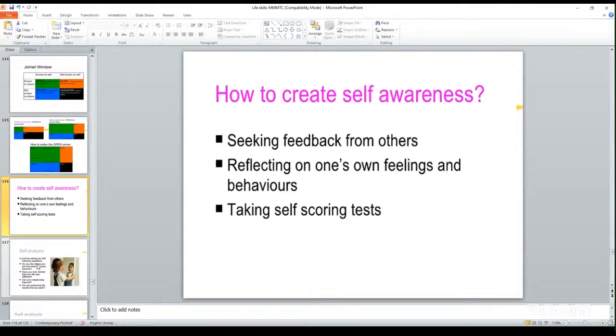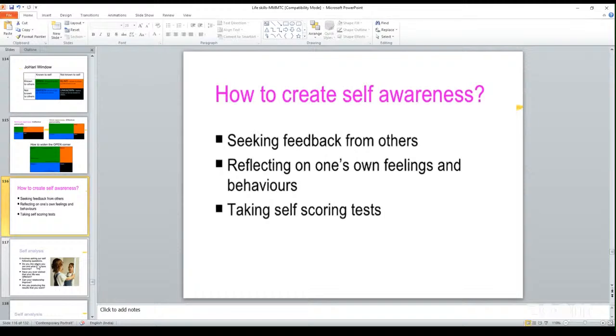How to create self-awareness is the next question. To know about yourself, the best way is to ask others what they feel about you. Many times we don't know ourselves much because we think that what we do is right, but others can give better feedback about us. Then reflecting on one's own feelings and behavior. Suppose you scolded a student inside a class.